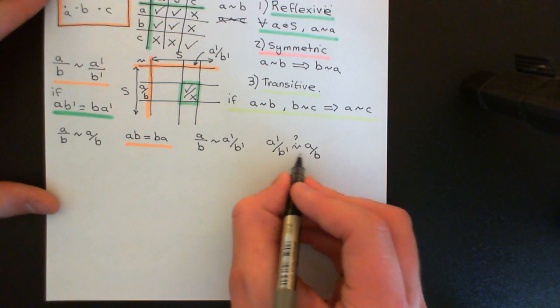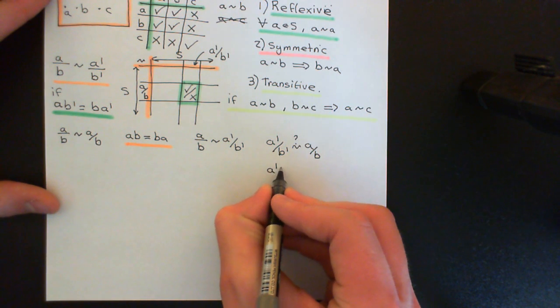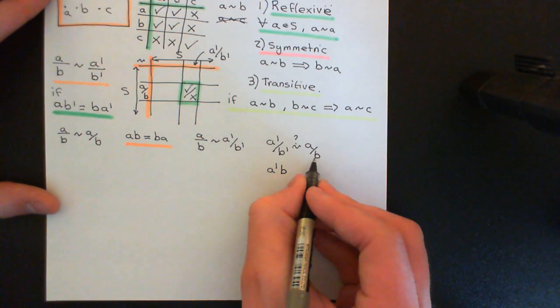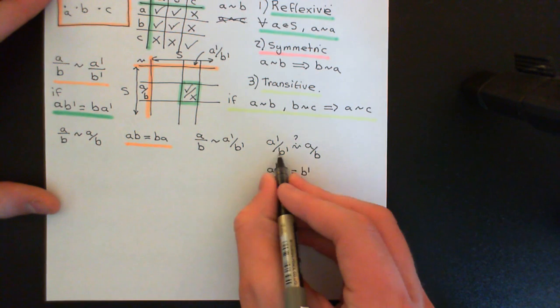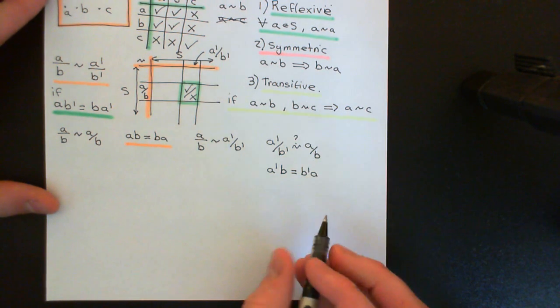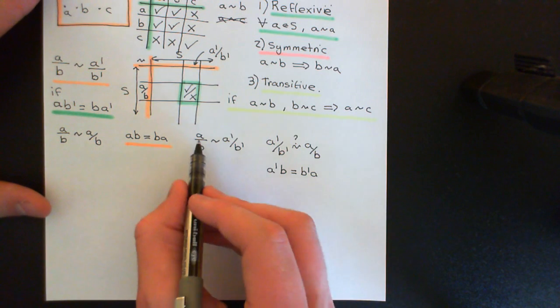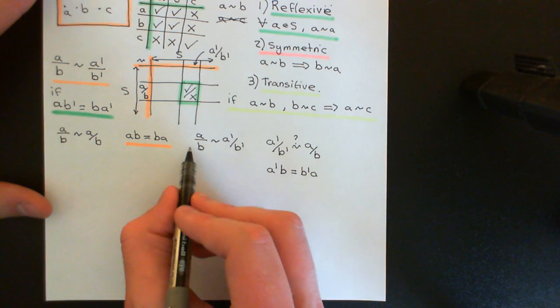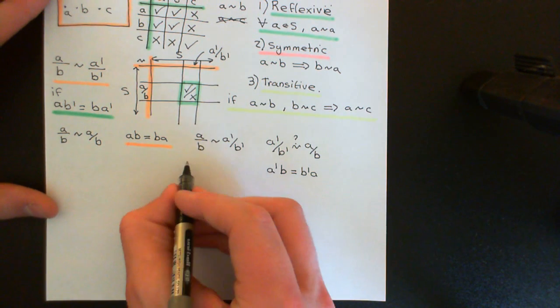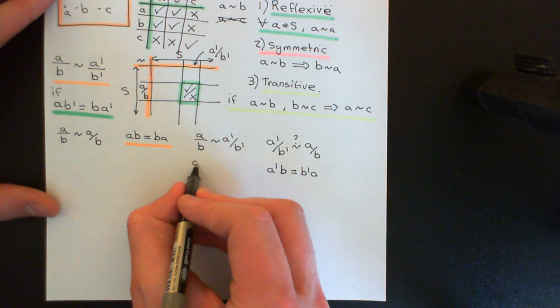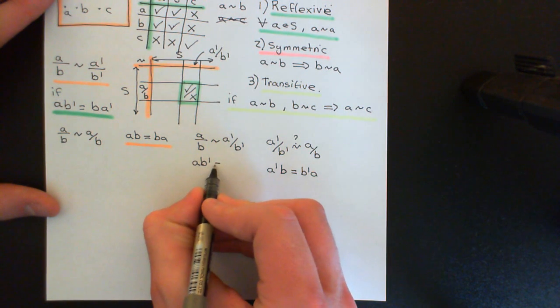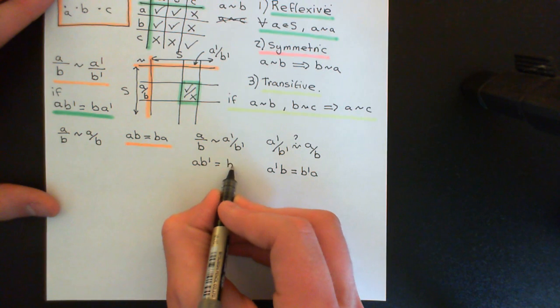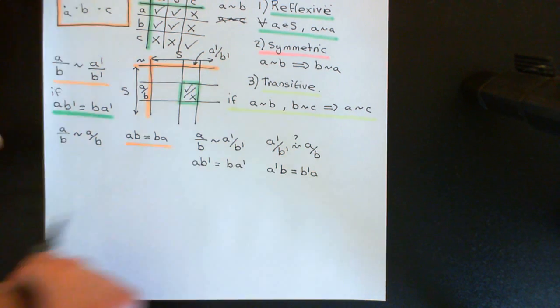Well, for this to be true, it needs to be the case that a prime times b, the numerator here times the denominator here, is equal to b prime, the denominator here, times the numerator up here, a. Now, why is that going to be true? If we go back here, the condition that must have been true for this to be true is that a times b prime must have equaled b times a prime.